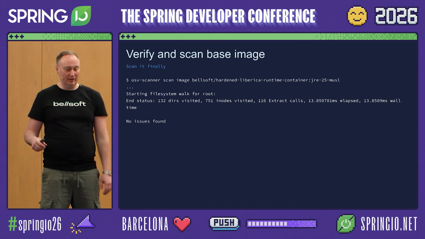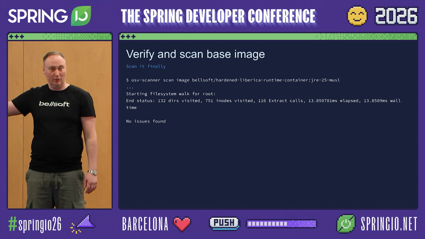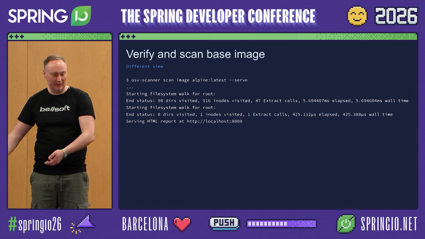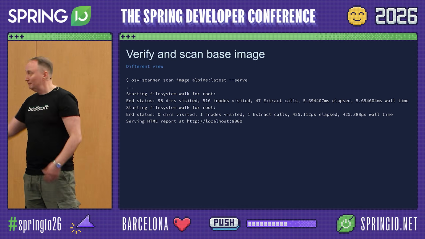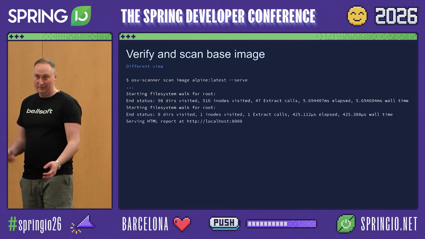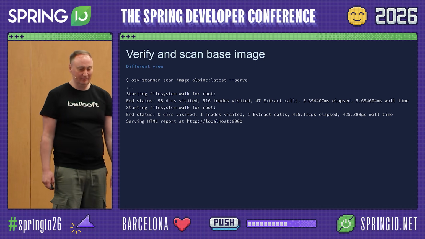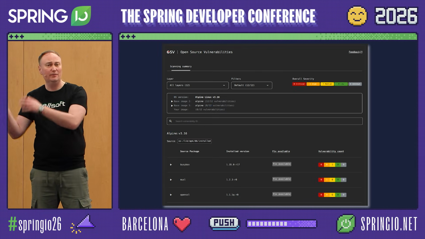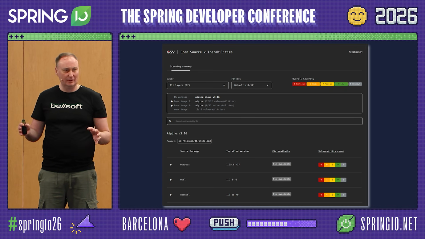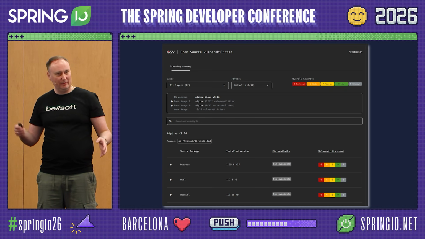And you can scan the resulting image with OSV scanner, right? It will scan both the system components in the image, deriving from the base image, and the application, and you see, no issues found. To compare, let's base another image on the default buildpack, which is also good, but it contains more components, so it's frequently the case to see more vulnerabilities there.